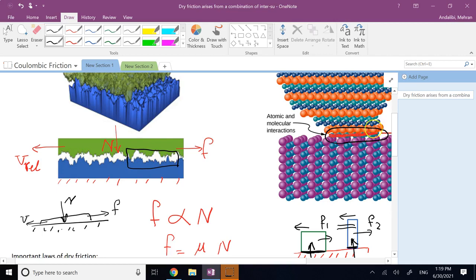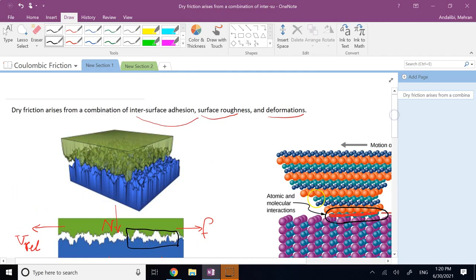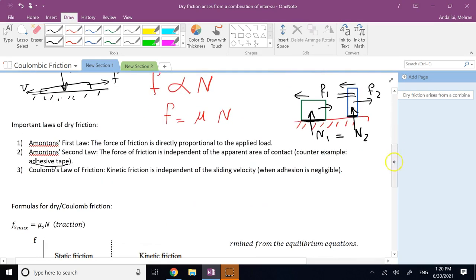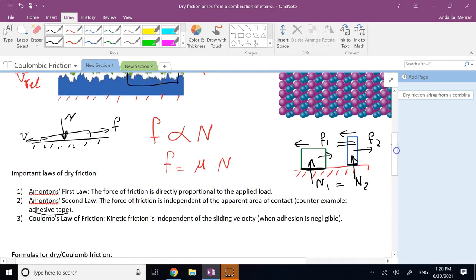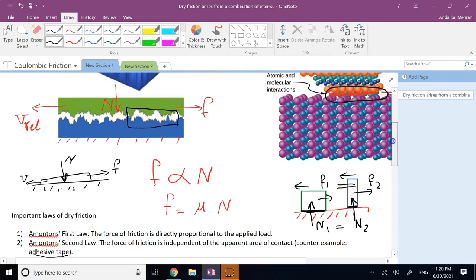But molecular bonds are a quite more recent idea compared to this irregularity theory of friction. So when you combine the effect of them, you call it dry friction, and then it's mostly these irregularities that follow the first and second law, and to some extent the third law, which I'm going to discuss in a second.